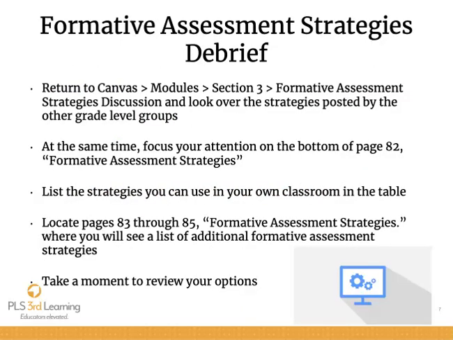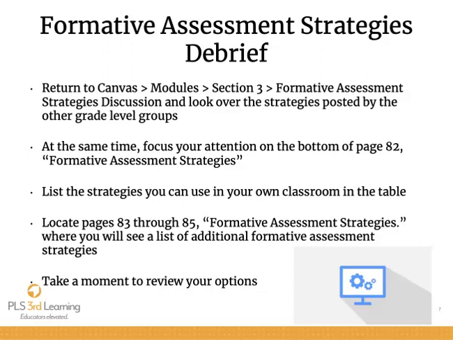Return to Canvas Module Section 3, Formative Assessment Strategies Discussion, and look over the strategies posted by the other grade level groups. At the same time, focus your attention on the bottom of page 82, Formative Assessment Strategies. List the strategies you can use in your own classroom in the table.